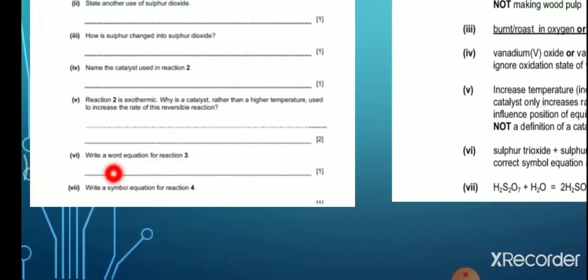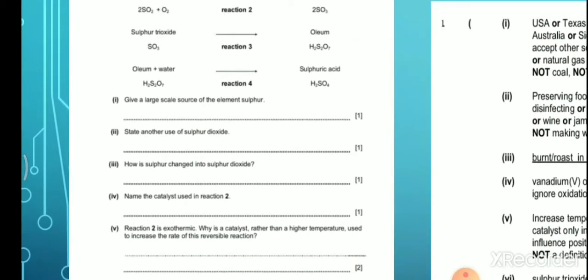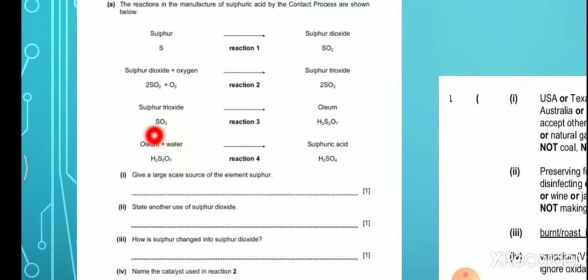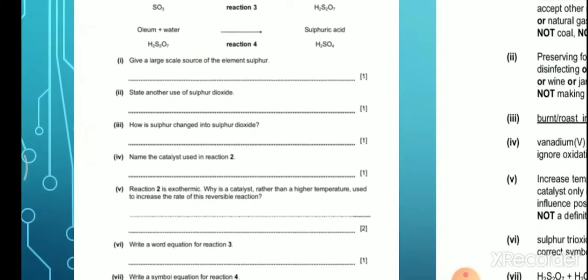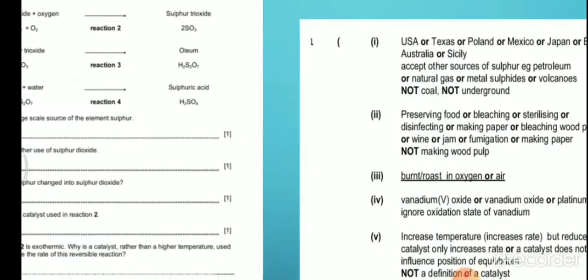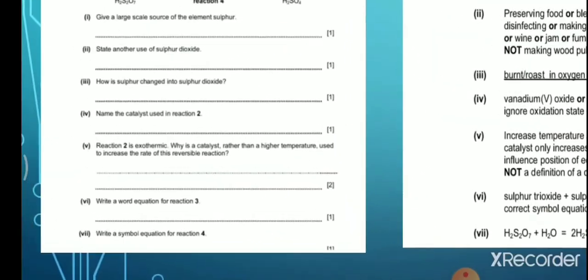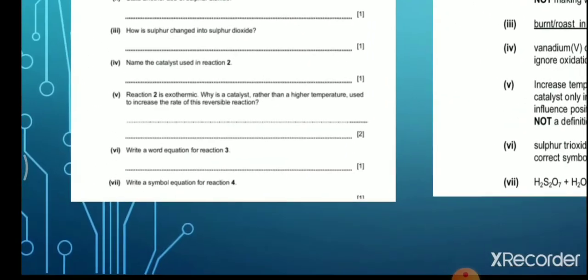Next, write a word equation for reaction 3. So what is reaction 3 here? Reaction 3 is SO3 plus H2SO4 gives H2S2O7. They are asking for a word equation, so you should write the names of the chemicals. SO3 is sulfur trioxide.